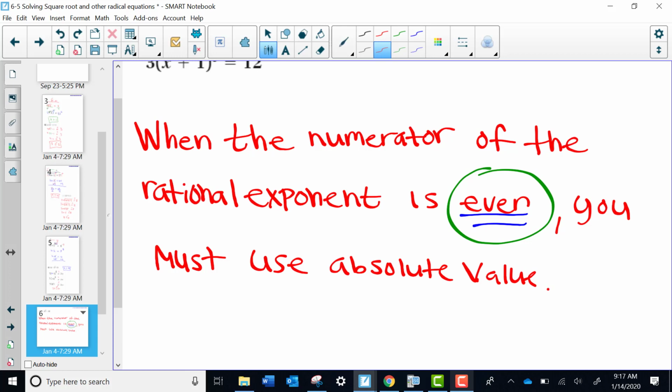And I'll show you what this means in a second. When the numerator of the rational exponent is even, you must use absolute value. All right, so let's solve this. Did everyone get a chance to write that down?